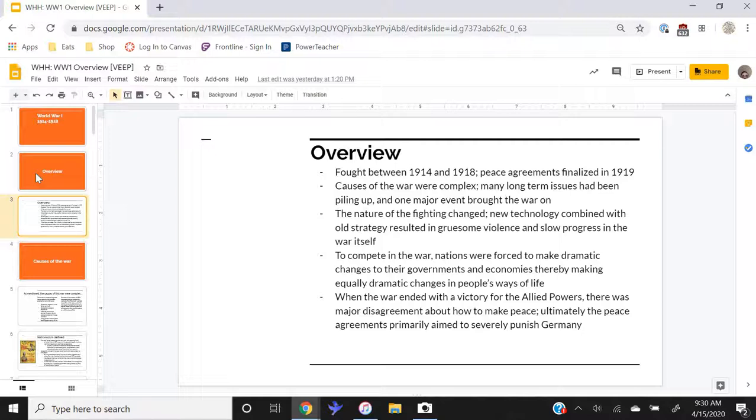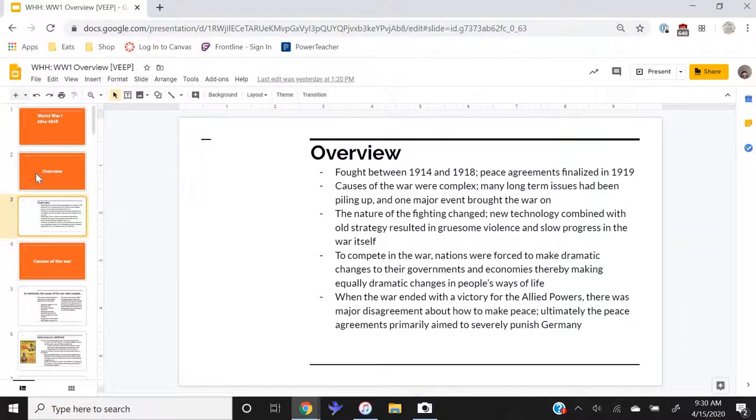The war was caused by a variety of factors, some of which had been building up for the better part of 100 years. But after all of those long-term effects had developed and become more and more problematic over time, there was one event, the assassination of the Archduke, which ended up really starting the war. So there's the combination of the long-term causes and the single short-term cause that led to World War I.